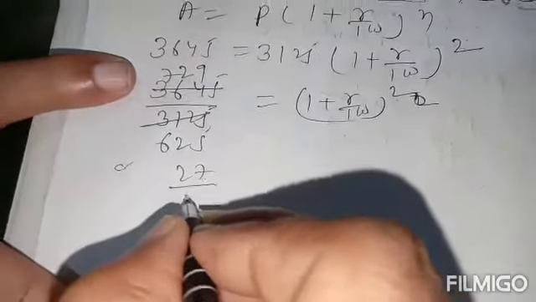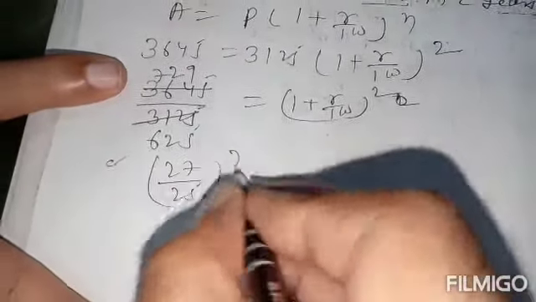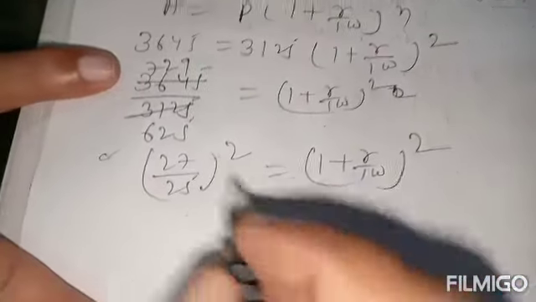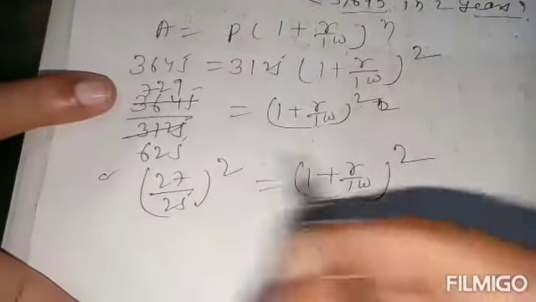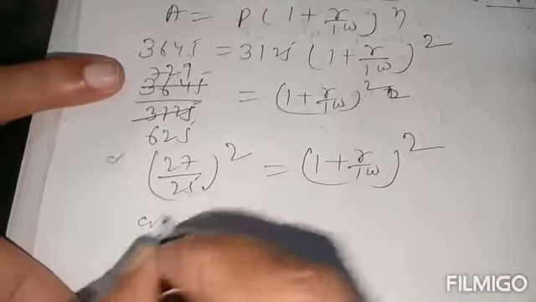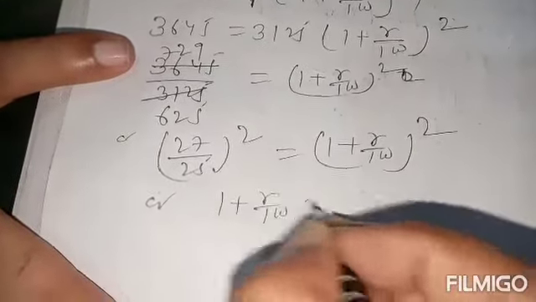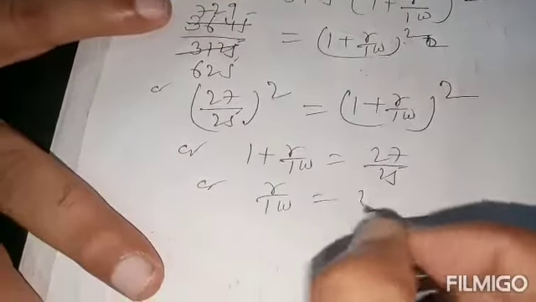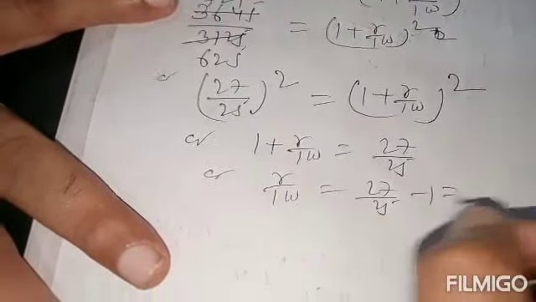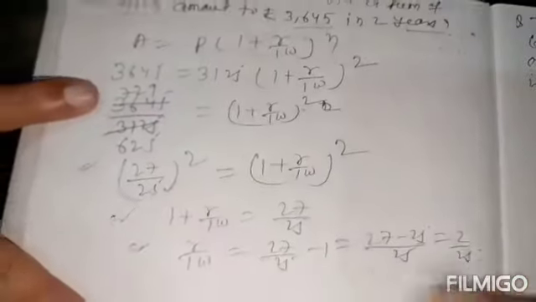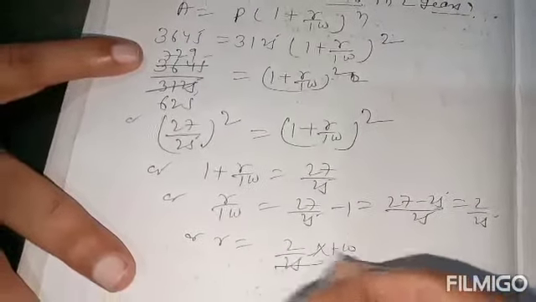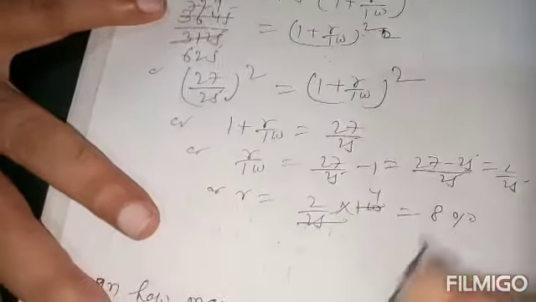So we may write 27 by 25 whole square is equal to (1 plus r by 100) to the power 2. So powers are the same, so bases must also be the same. So 1 plus r by 100 is 27 by 25, or r by 100 is 27 by 25 minus 1, that is 27 minus 25 by 25, 2 by 25. Or r is equal to 2 by 25 into 100, which means 8% per annum.